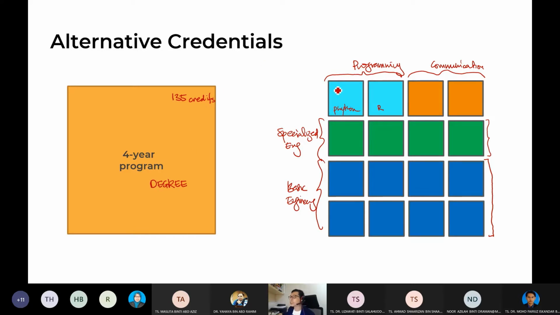But the question is, how do you validate or give credentials to a student learning in a separate class? Let's say they have completed this degree and then want to add some more skills here. This is already accredited, in engineering for example by BEM and EAC.